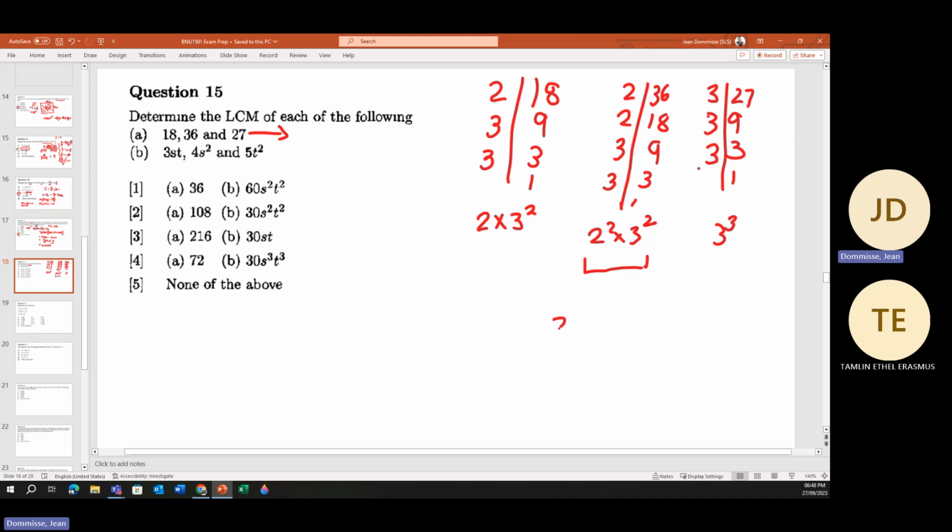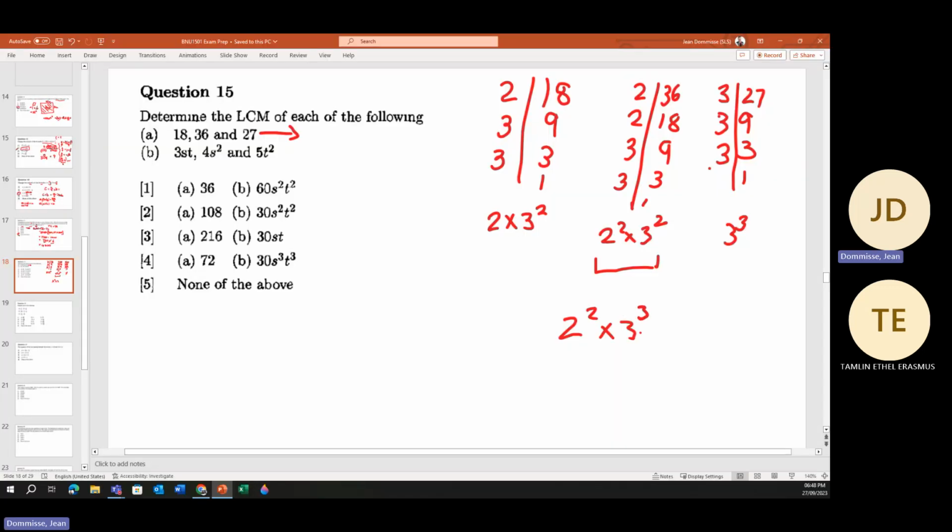So our final one will be 2 to the power of 2 times 3 to the power of 3. And that answer is probably 108, but let's just make sure. 3 times 3 times 3 is 27, times 4 is 108. So automatically, nearly, with just doing this component, we could see that we're probably going to work with option 2 as the correct one.